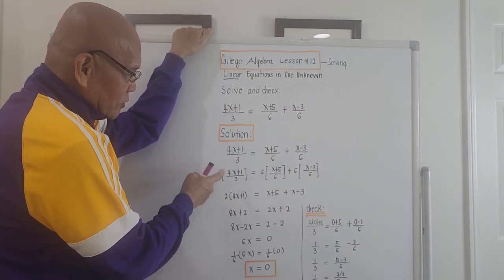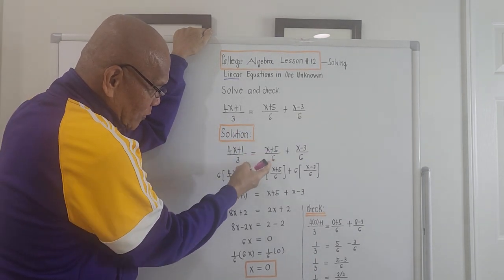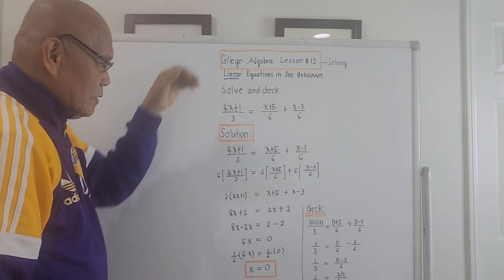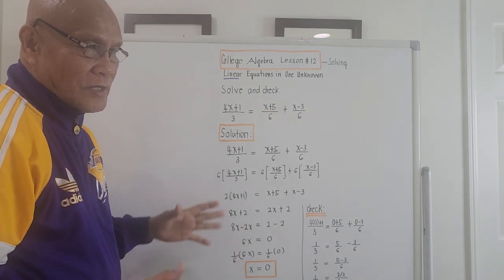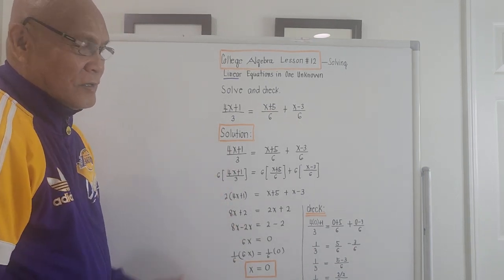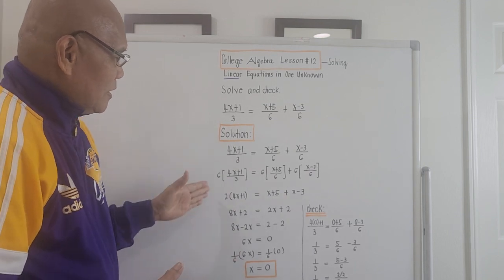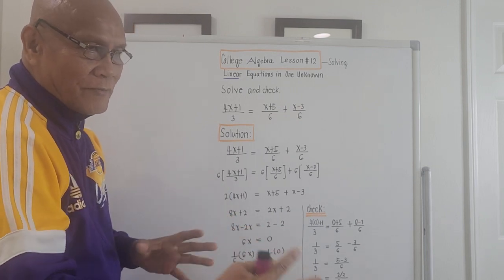Rewriting the given equation, 4x plus 1 over 3 equal to x plus 5 over 6 plus x minus 3 over 6. Okay? Let's try to bring out the solution. Simplification. So what will be the proper simplification of this? The left and right terms involve a denominator.